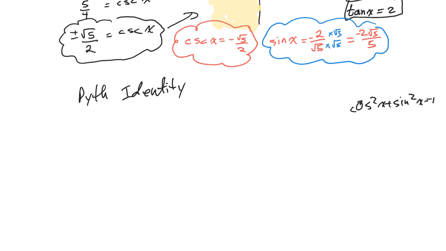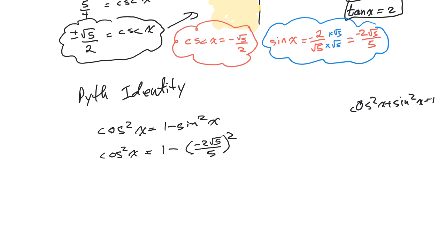Well, you know that if you solve this for cos squared x, it's going to be 1 minus sine squared x, isn't it? Which gives us 1 minus bracket negative 2 root 5 over 5 all squared, and that's what cos squared x is.